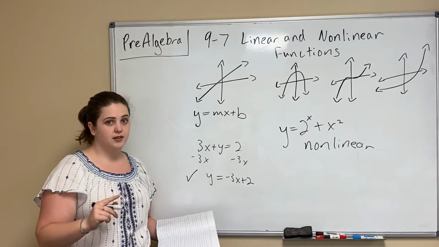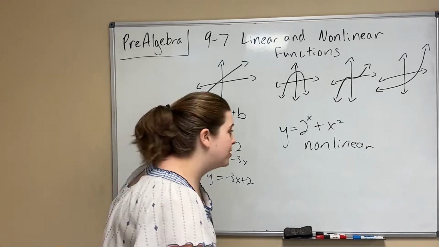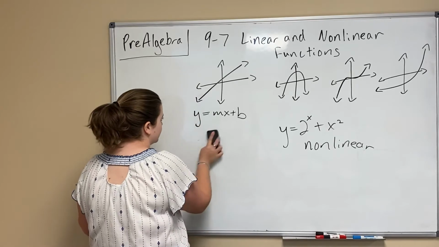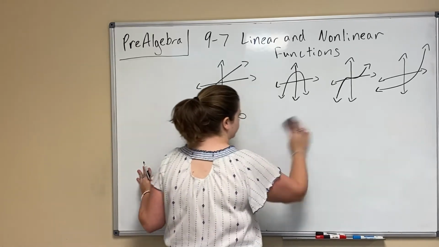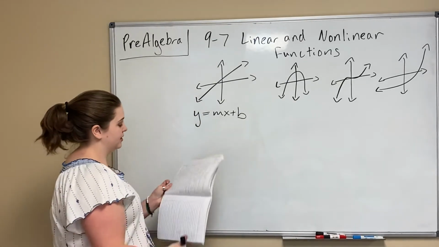Now again, trying to determine whether something's linear or nonlinear, you remember if I have a table of values, I know that it's linear if they increase at a constant rate.